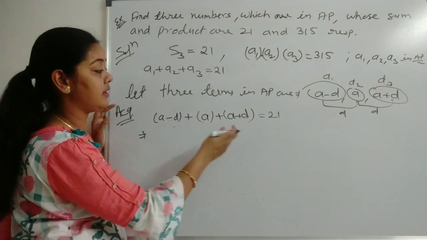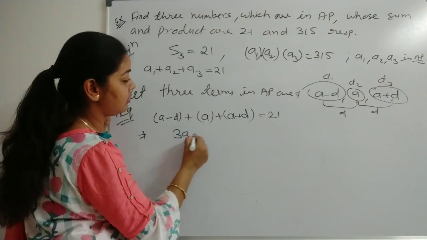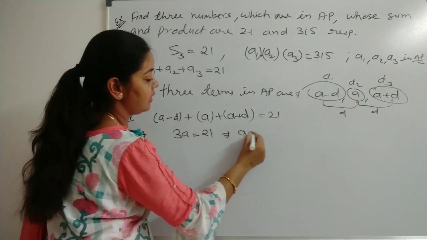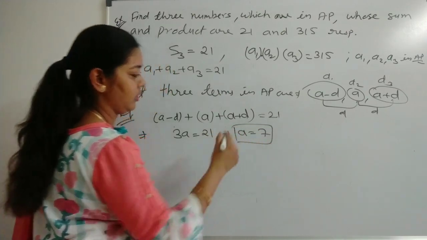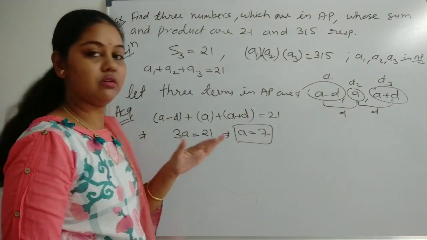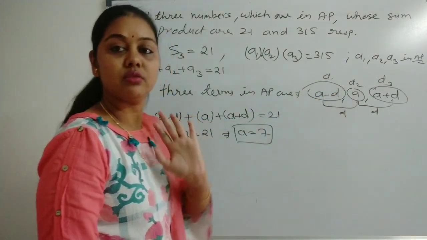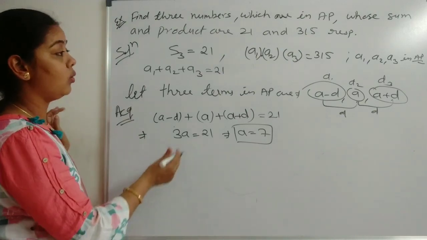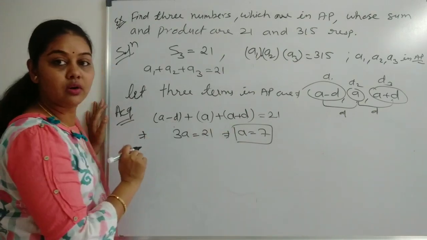Simplify this. D and D cancel down. 3A equals 21. It means A equals 7. In this process, from a single equation, we find one solution. Now, we have got the value of A.